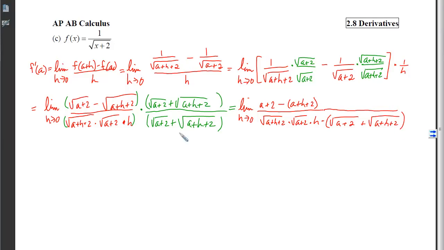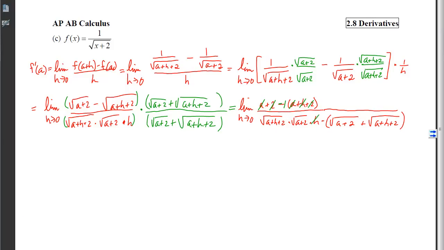If I look at the top of this fraction here, I can see that the things that don't have h's in them are going to disappear. The a disappears and the 2's disappear. So I'm left with a negative h, and it's over h. So I can cancel that h out and just be left with a negative 1.